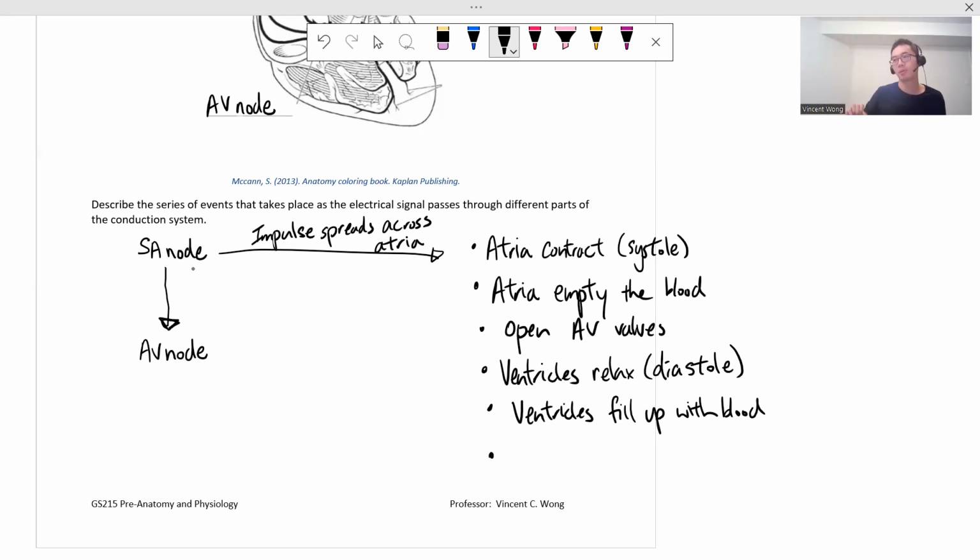We got to close the exit, right? We don't want the blood to prematurely go into the aorta. We don't want the blood to prematurely go into the pulmonary artery. So we gotta shut the exit. So we close semilunar. Okay. So all this is happening when the signal is spreading across the atria.